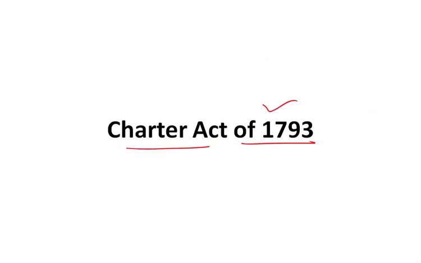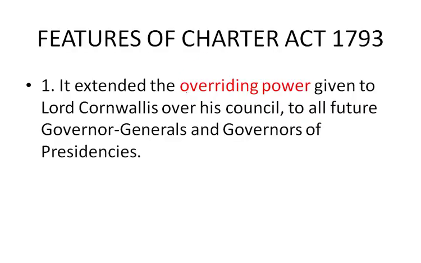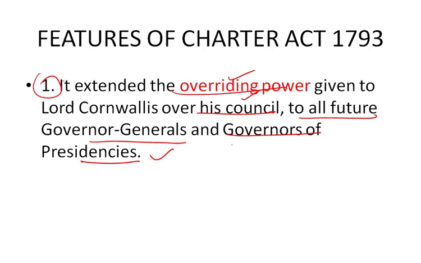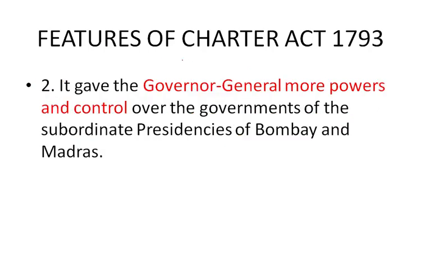The first feature of this Act is that the overriding power which was given to the Governor General against the Governor General in Council is extended to all future Governor Generals and Governors of different presidencies. The second feature is that it favored more centralization by giving more powers to the Governor General over the governments of Bombay and Madras presidencies.